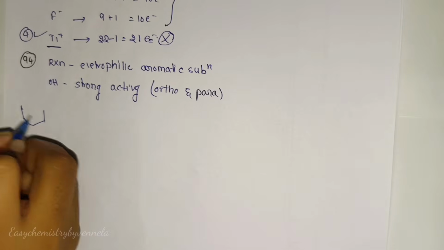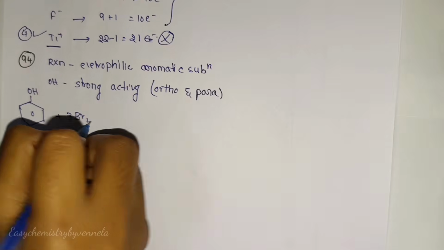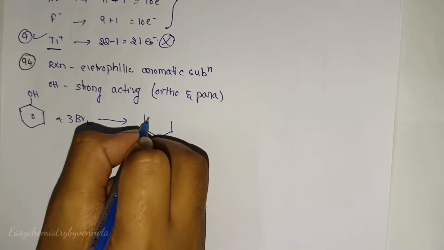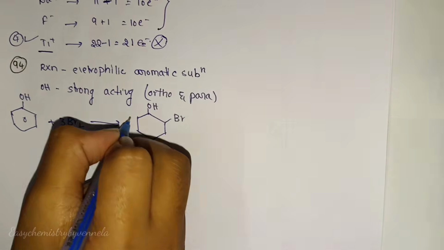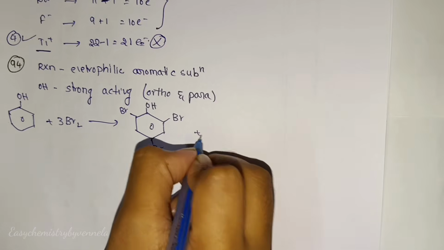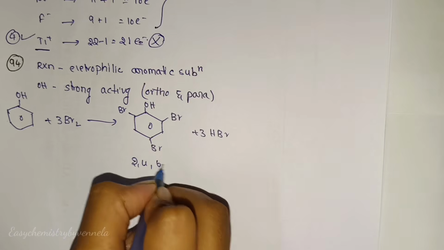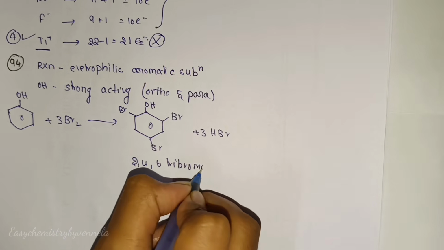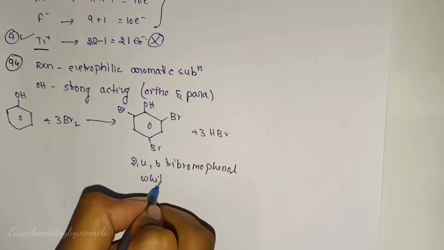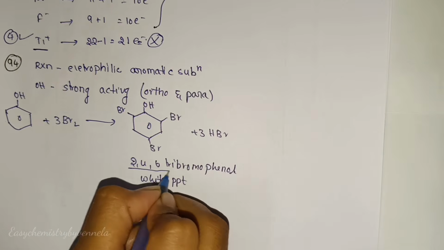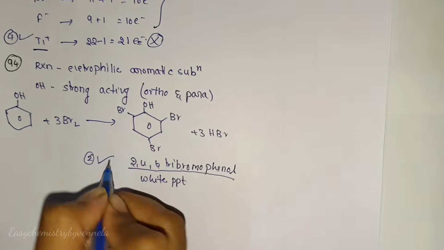Next, phenol reacts with bromine to form a product like this, and 3HBr. This is 2,4,6 tribromophenol. It is a white precipitate. So the correct option is 2,4,6 tribromophenol. Second option is the correct one.